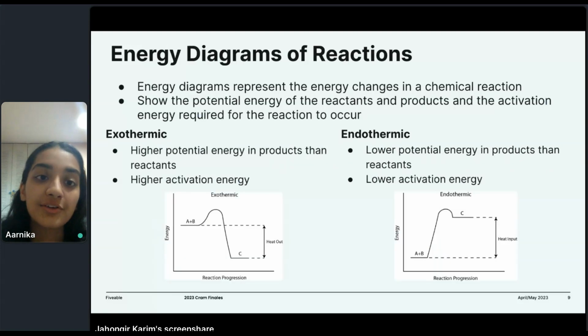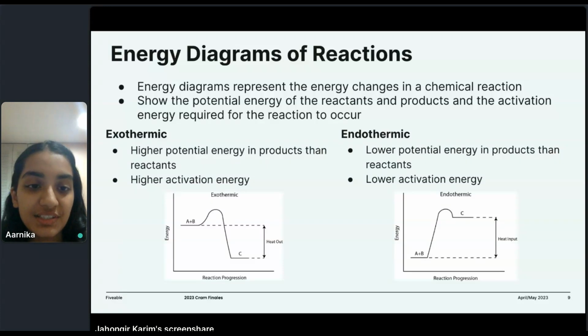Okay, so for energy diagrams of reactions, energy diagrams basically represent the change in energy in a chemical reaction. This shows the potential energy of the reactants and the products, and the activation energy required for a reaction to occur. So as you can see for exothermic, this basically has a higher potential energy in the products than in the reactants, and a higher activation energy.